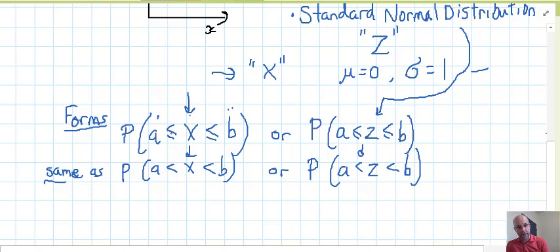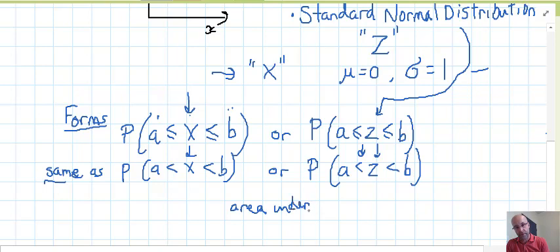Notice how a is less than or equal to x, which is less than or equal to b, is the same when it comes to probability as a is less than x, which is less than b. So this has, correspondingly for z, the same outcome. The reason why is that when we have the area under a curve, now think integration here.